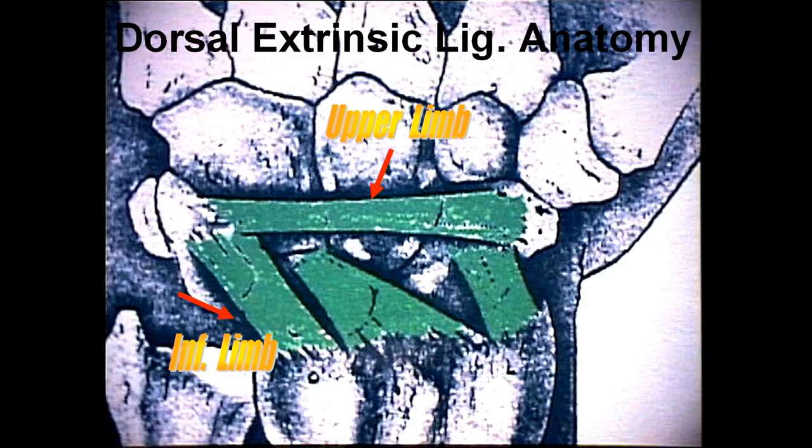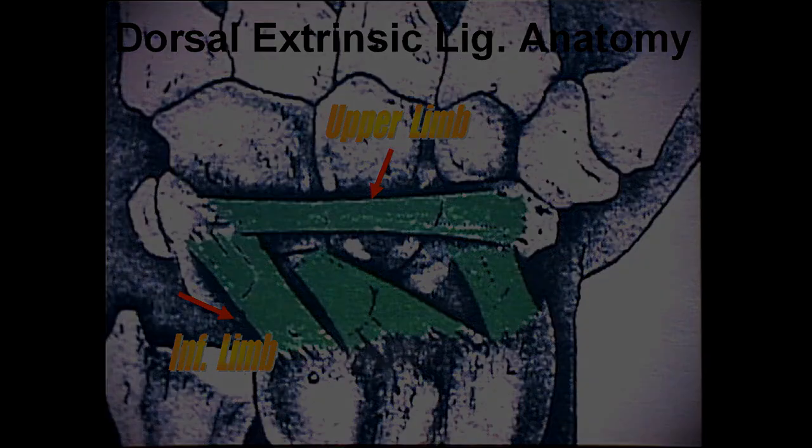So here's one way to think about the extrinsics without getting crazy. On the dorsal side of the wrist, they make like a horizontal V. On the palmar side of the wrist, they make an inverted V. We're going to focus on two main extrinsics in the back and two main extrinsics in the front.